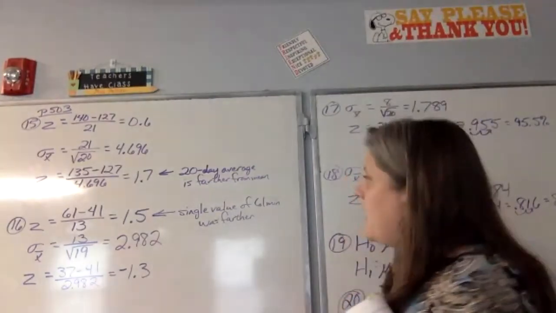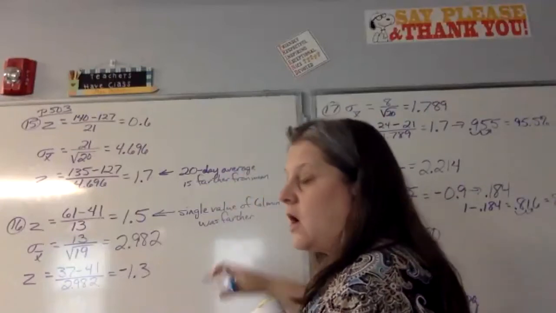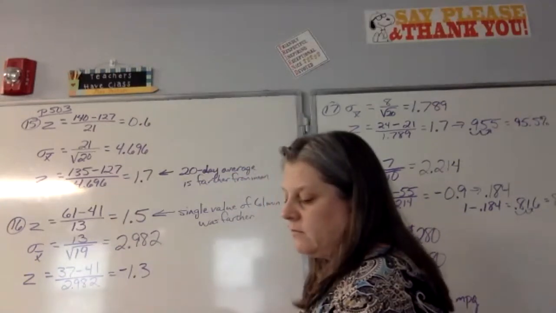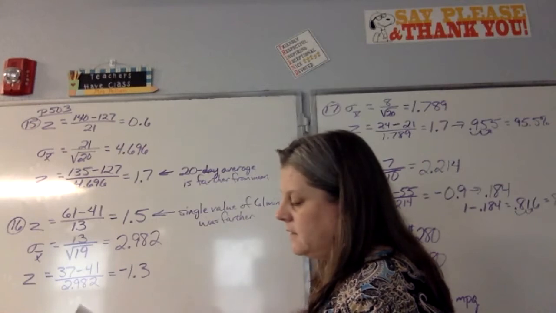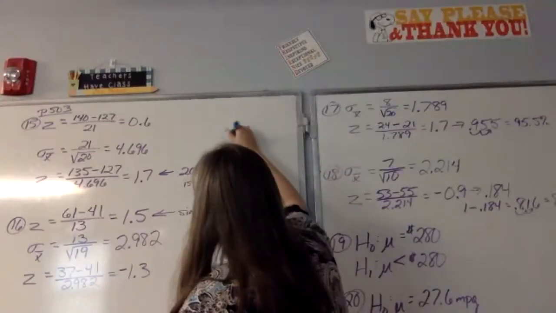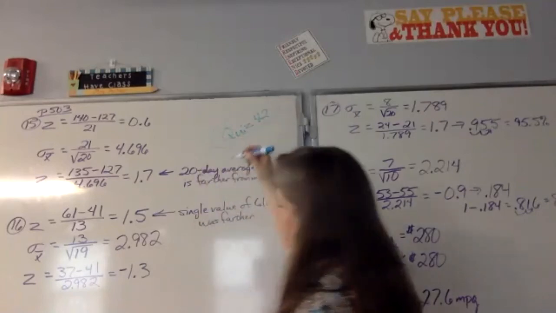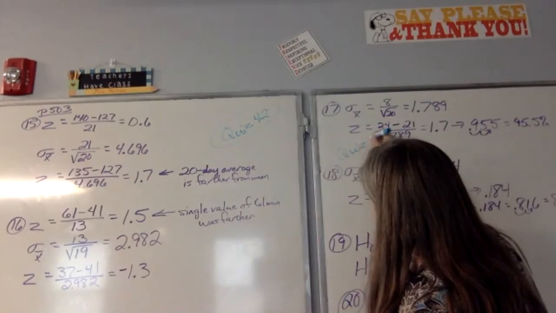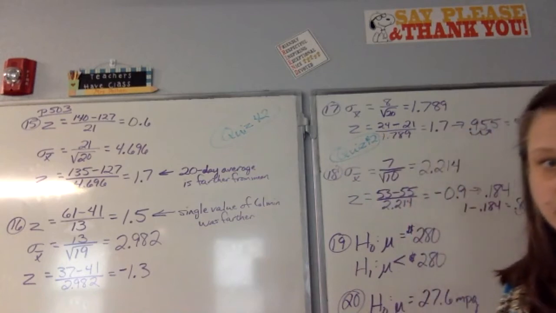Now, these two problems here are similar to one of the, I can't remember if I shuffled the questions on y'all or not. But anyway, on quiz 42 you got one question using the central limit theorem like we did on 17 and 18.